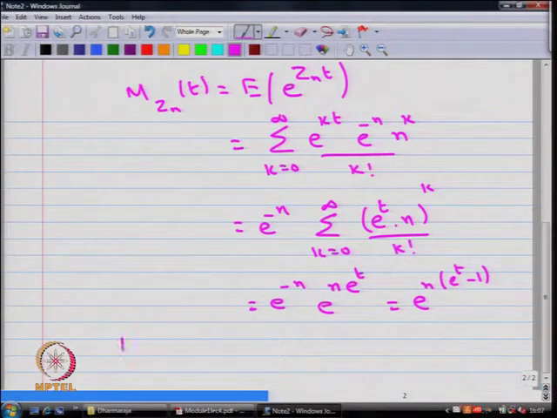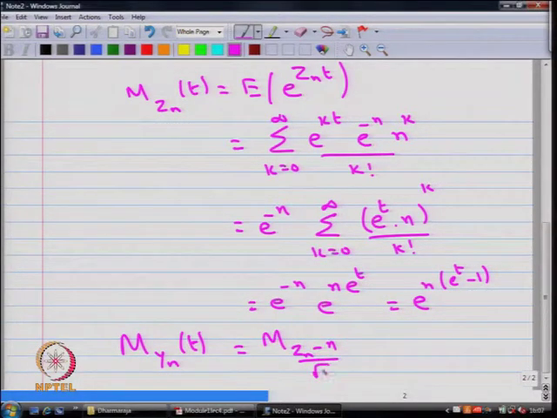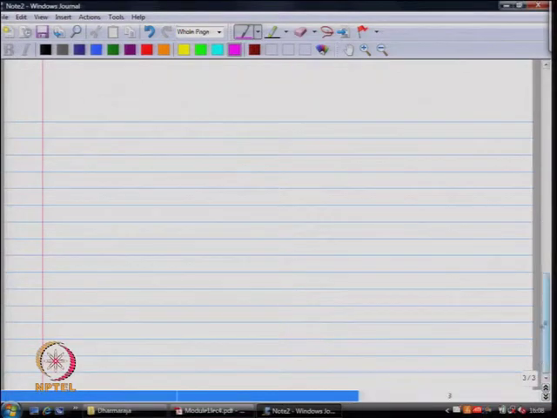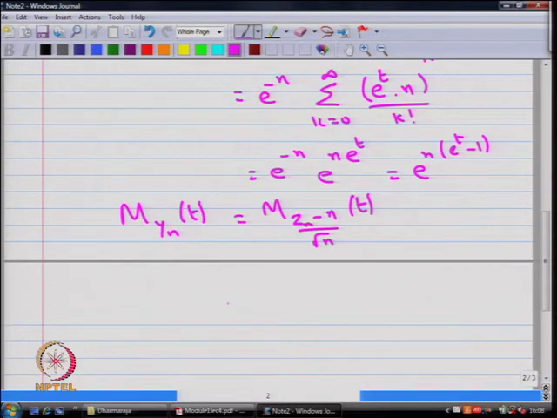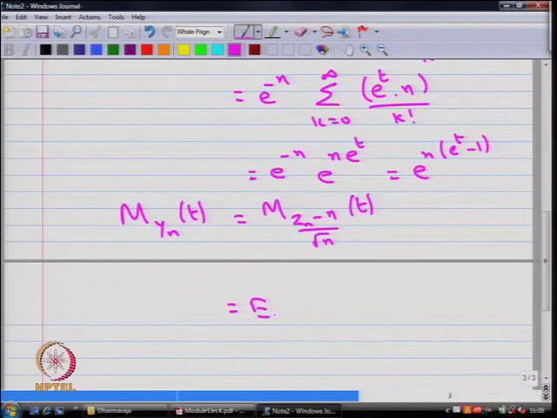Therefore, the MGF of Yn as a function of t becomes expectation of e power (Zn minus n) divided by root n multiplied by t.